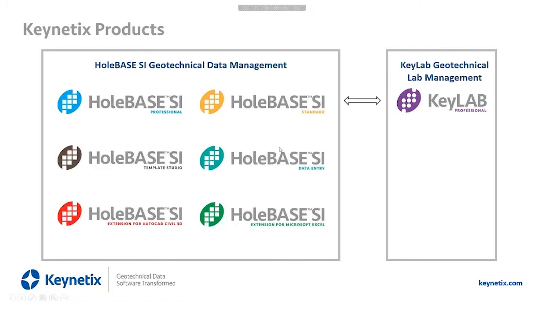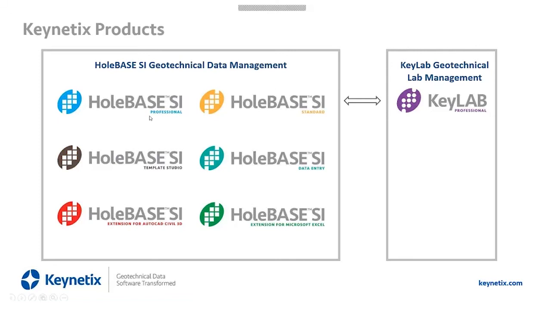And we also integrate that with what we call our geotechnical lab management software. So if you're doing lab tests on geology, looking at the plastic limit states, the liquid limit states, and you're recording all that information, we do software that manages your labs, but we use data import and export, so we can get all this data back into HoleBase again.